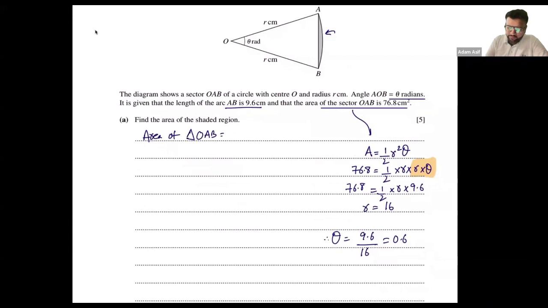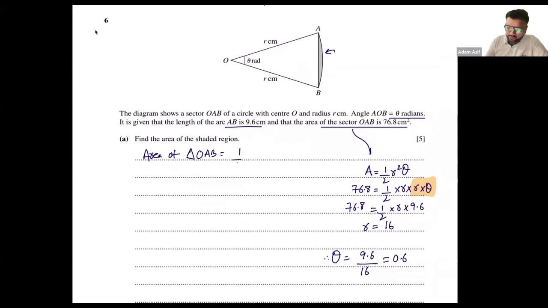Area of the triangle OAB is going to be half times the radius, which is 16 times 16 times sine of 0.6. So sine of 0.6 times 16 times 16 times 0.5, that is 72.274.